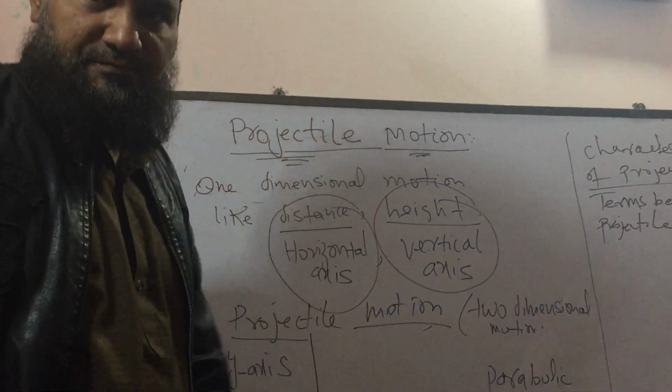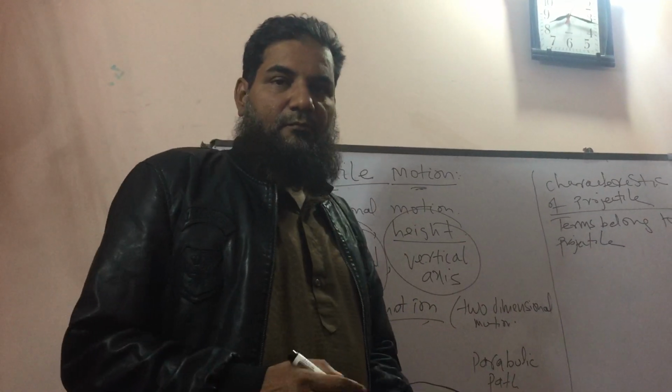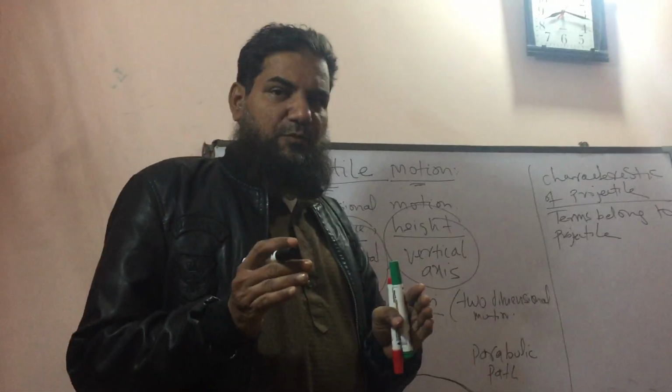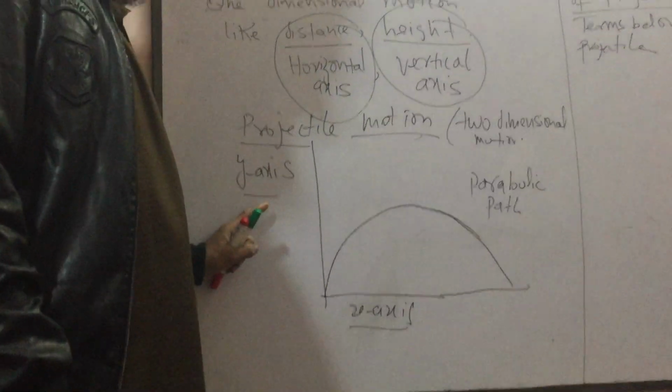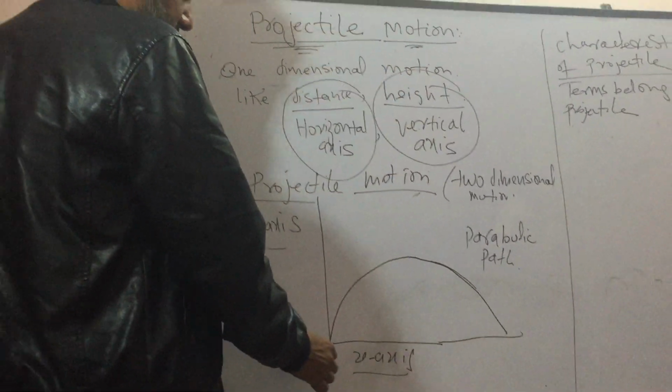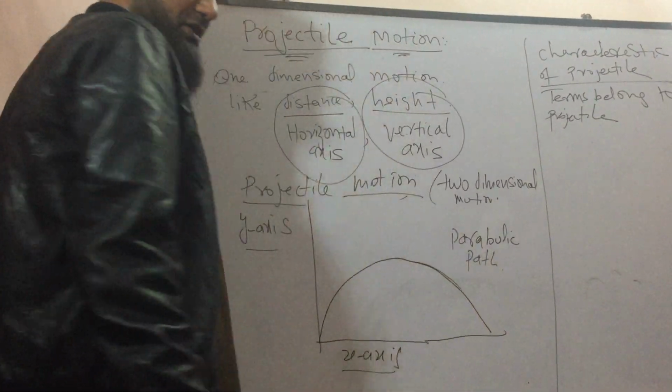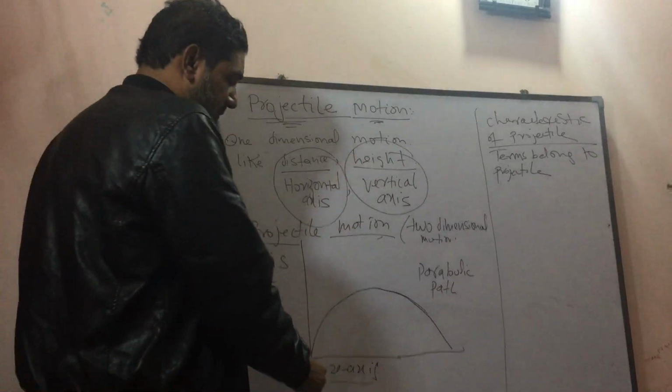It is two-dimensional. It means this movement occurs between the two axes, x-axis and y-axis. The object covers a parabolic path.